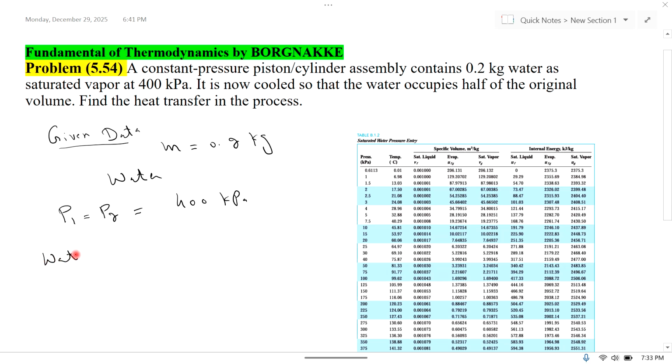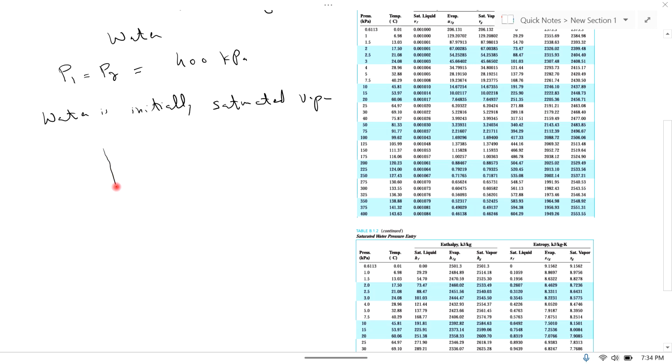Water is initially saturated vapor. Saturated vapor on a PV diagram means this is pressure in kilopascal and this is volume in meter cube per kg.